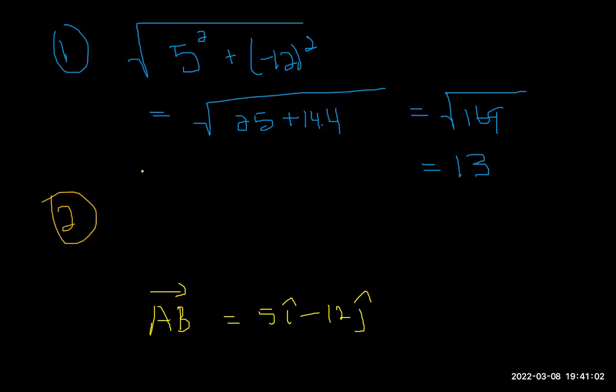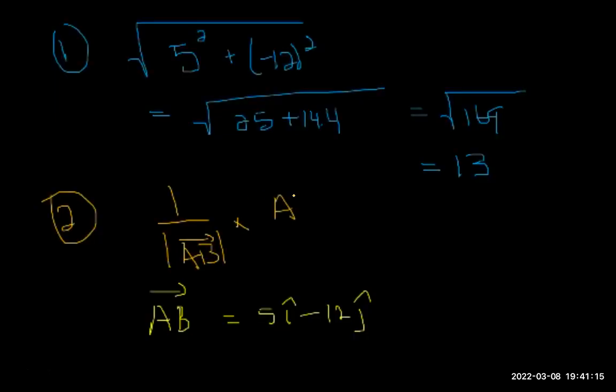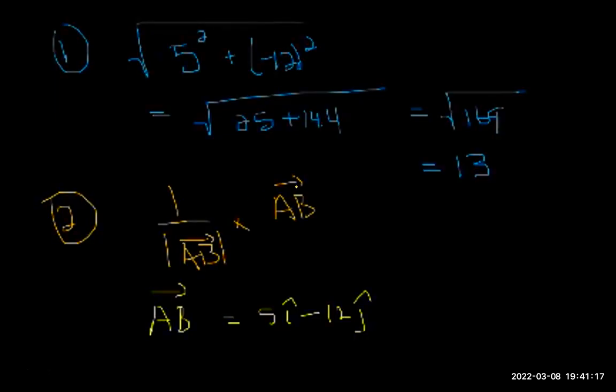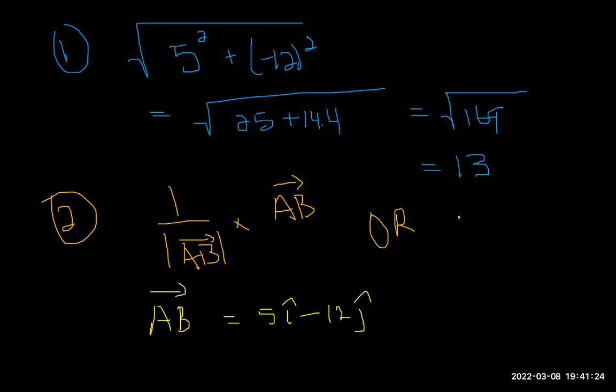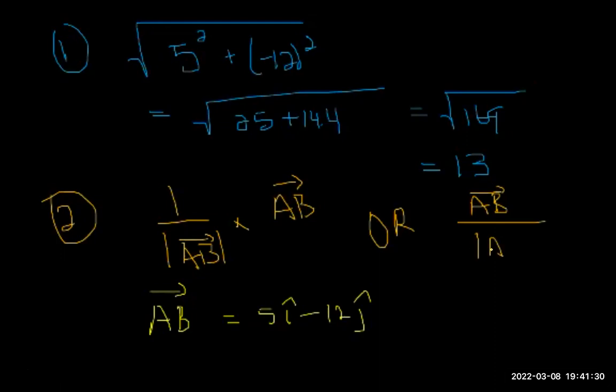Second thing, find the unit vector. So the unit vector in this case would be 1 on the magnitude by the vector, or some people just say the vector divided by the magnitude. Same thing, right?